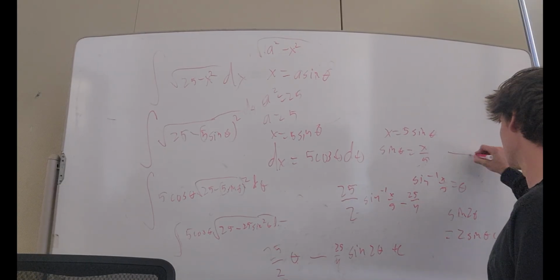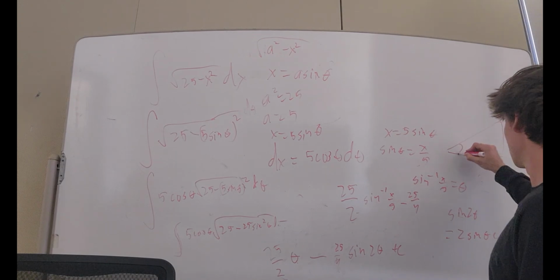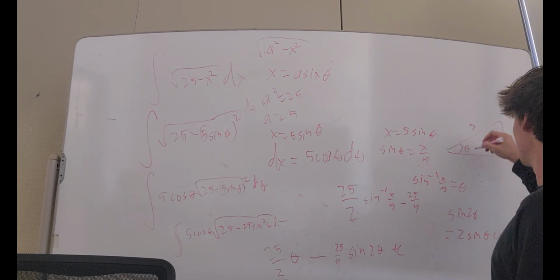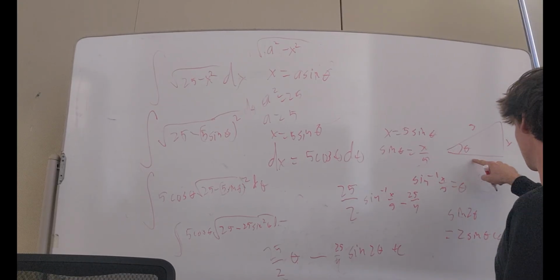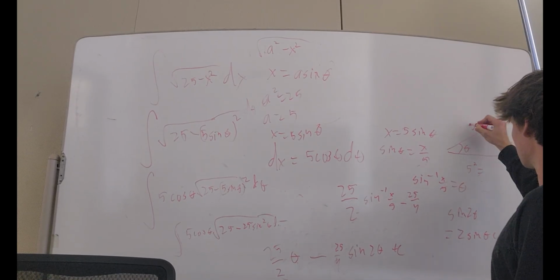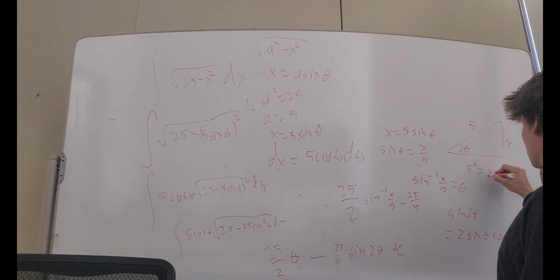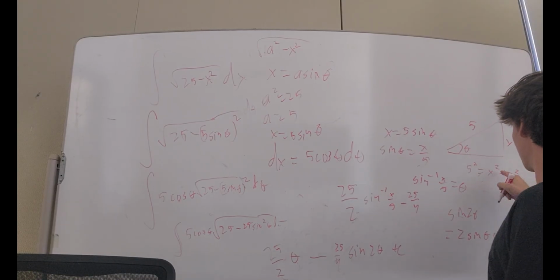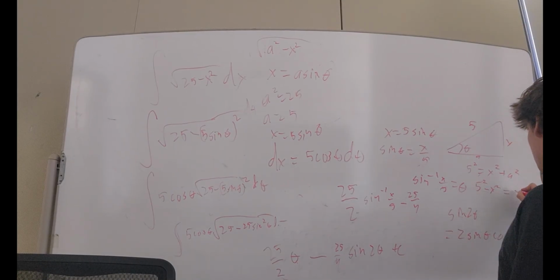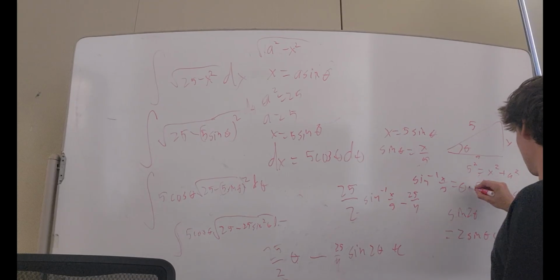So we do need the right triangle to find the cosine then, in this case. Theta, opposite over hypotenuse. You know this side, we need this for cosine. This is going to be 5 squared equals x squared plus a squared. The a is this side. So 5 squared minus x squared equals a if we root this.